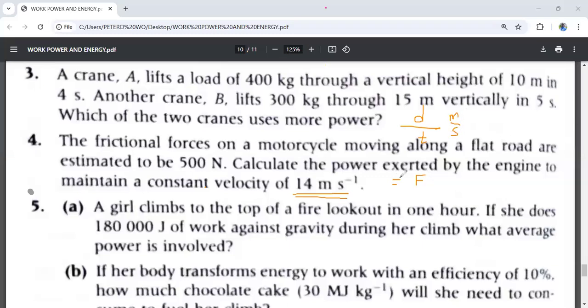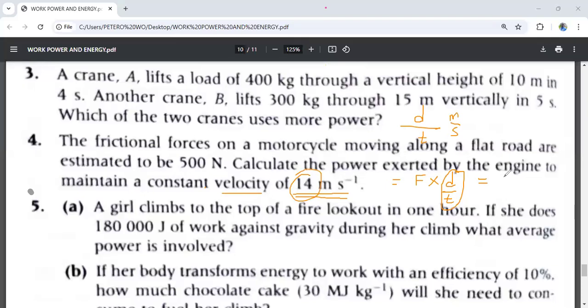From our formula, power is equal to force times distance over time, and they have put the time together with the distance. That ratio of distance and time is what they have given us as velocity, which is 14.